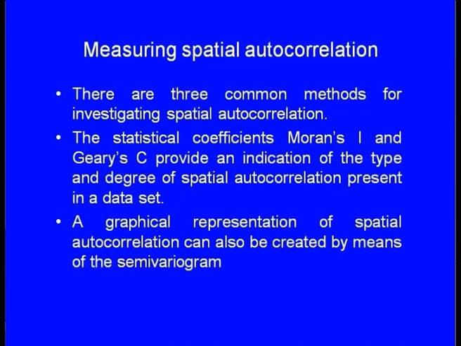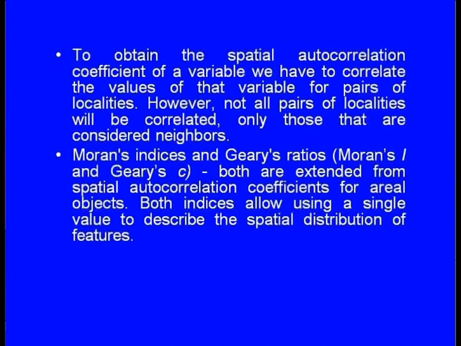A graphical representation of spatial autocorrelation can also be created by means of a semi-variogram. To obtain the spatial autocorrelation coefficient of a variable, we have to correlate the values of that variable for pairs of localities. However, not all pairs of localities will be correlated, only those that are considered neighbors.